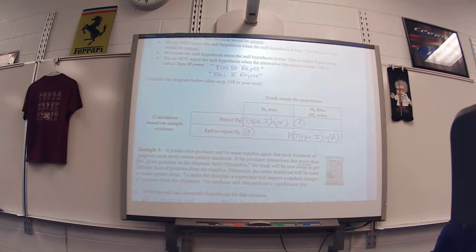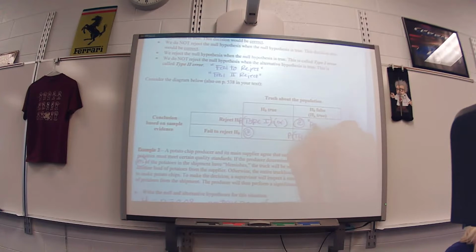And the power of a test is rejecting the null hypothesis when you find out that the null hypothesis really was false. So you really were glad that you rejected it. So this smiley face also gets labeled as power. And power is 1 minus beta.